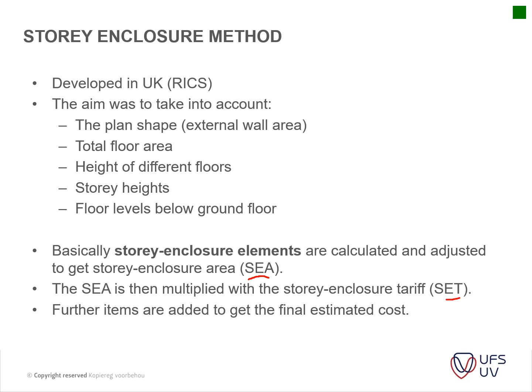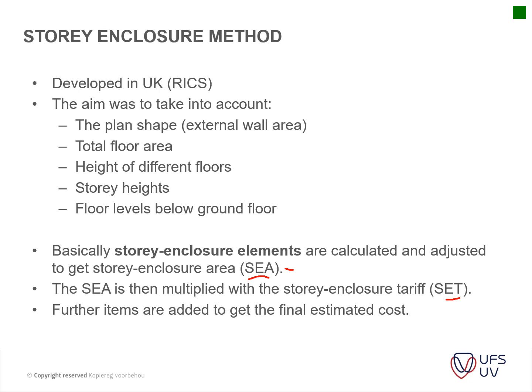We're going to look at this in more detail just now, but in short, we measure the total areas and multiply them with the story enclosure tariff, which is your historical rate.